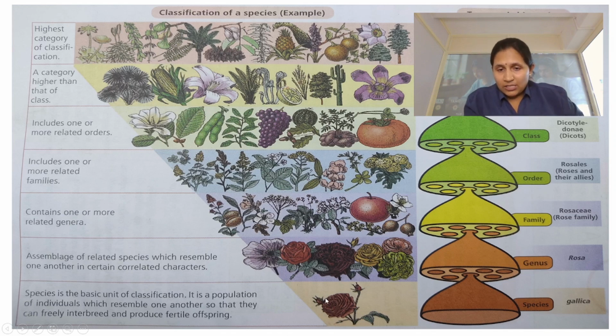Whenever we speak about species, the main thing we speak about is interbreeding. If we interbreed two individuals of the same species, we get fertile offspring. If we interbreed between up and down in your hierarchy, you won't get a fertile offspring. So species is the one which can freely interbreed and produce fertile offspring.